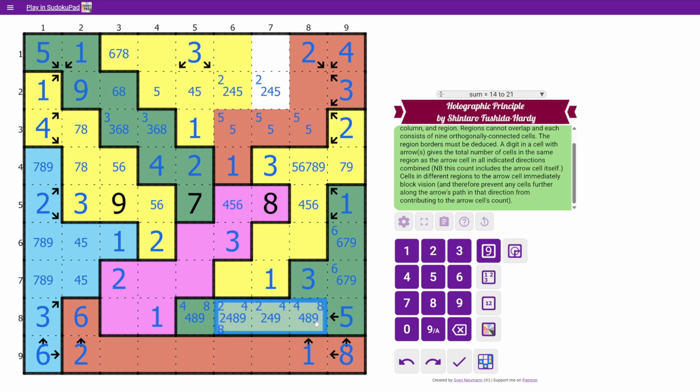I guess a 7 could go down here as well. A 7 goes in one of those.